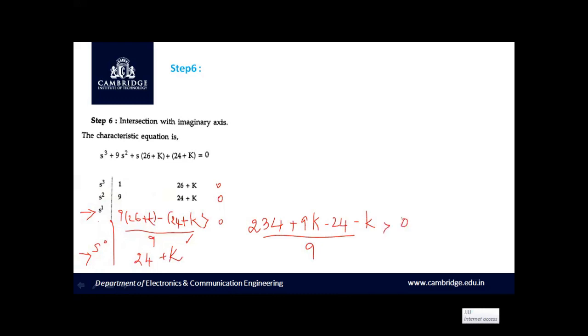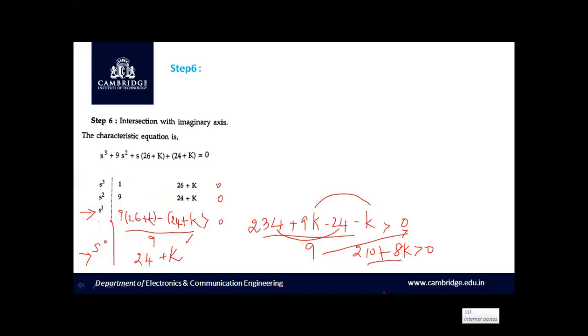greater than 0 is a condition for stability. 9k minus k will be 8k and 234 minus 24 will be 210 plus 8k greater than 0, taking 9 towards the other side.